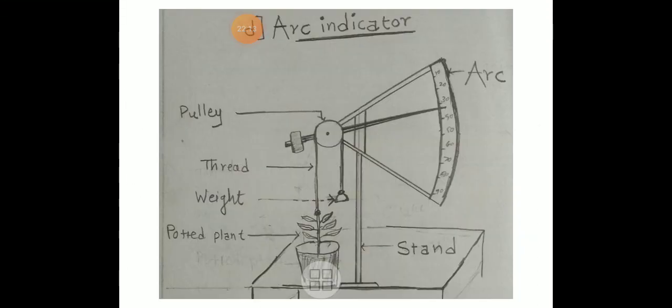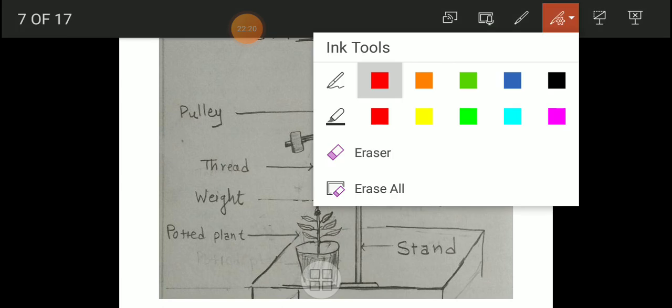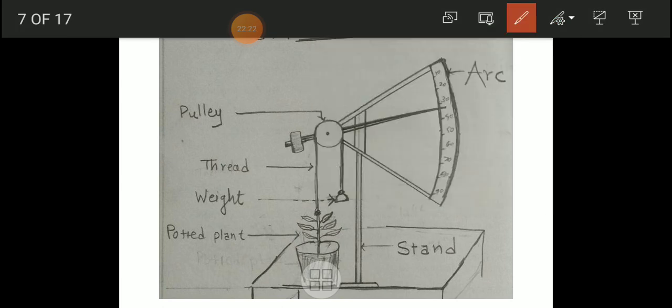This picture gives you an idea of how the arc indicator works. My friends, this is the total arc indicator.